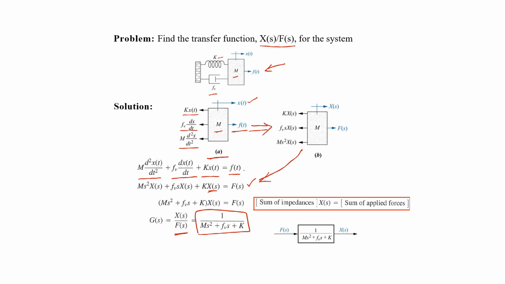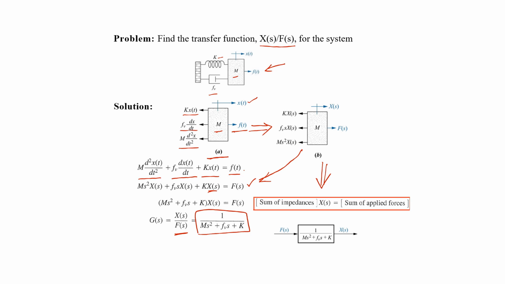So if we have a free body diagram in the Laplace transformed orientation, we can directly find this equation of motion by using this observation based method, which states that the sum of all the impedances multiplied with X(s) will be equal to the sum of all the applied forces.